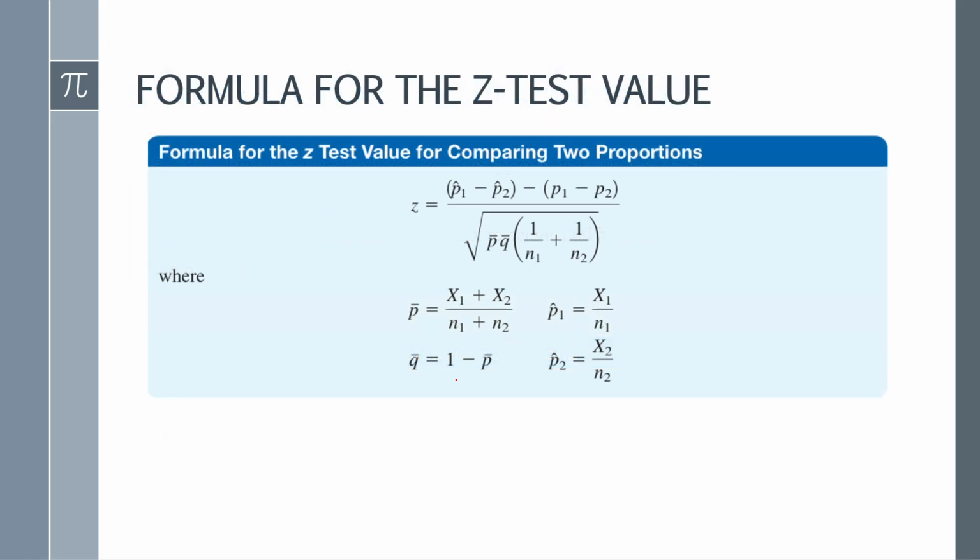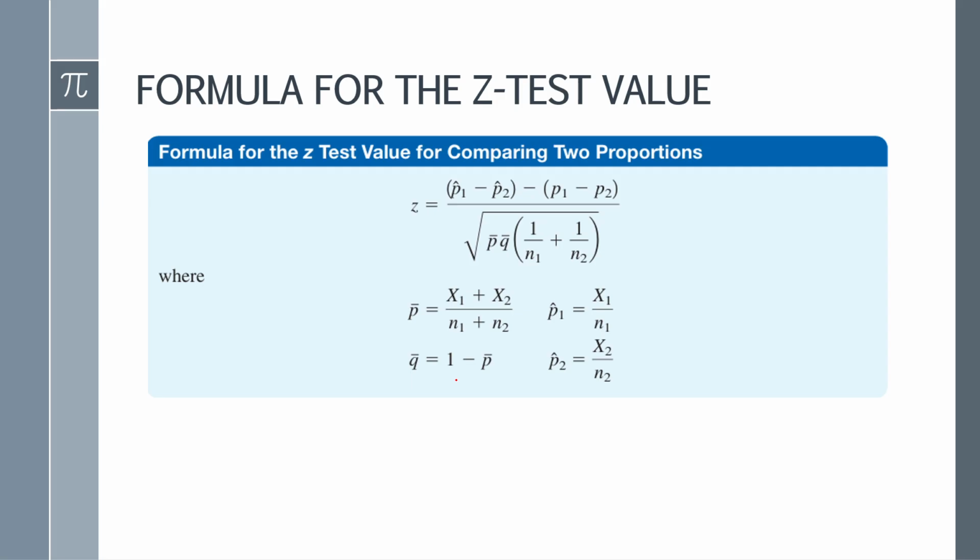So this is the formula for the z-test. It is p hat 1 minus p hat 2, minus p1 minus p2, over the square root of p bar q bar times 1 over n1 plus 1 over n2. This is a square root. So how to get the p bar?